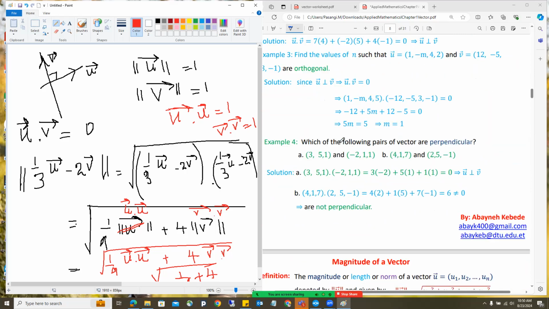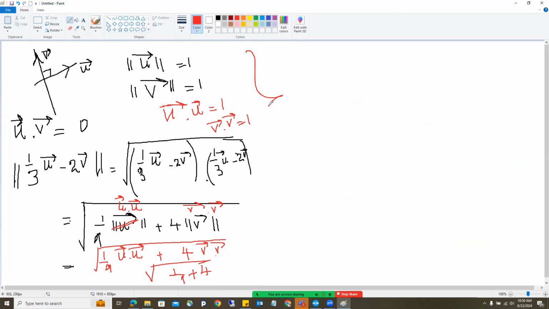If it's not clear why we use this dot product, let me show you. Now here we need to find the magnitude of 1 over 3 u minus 2 over vector v.